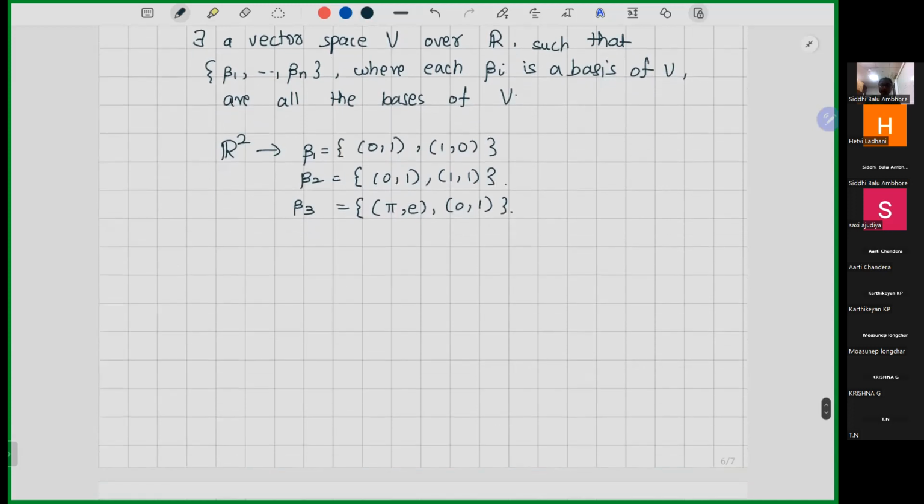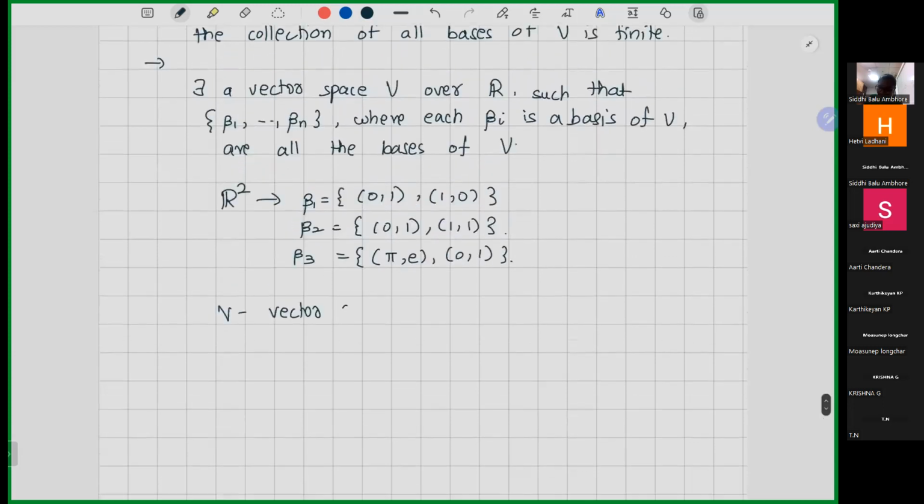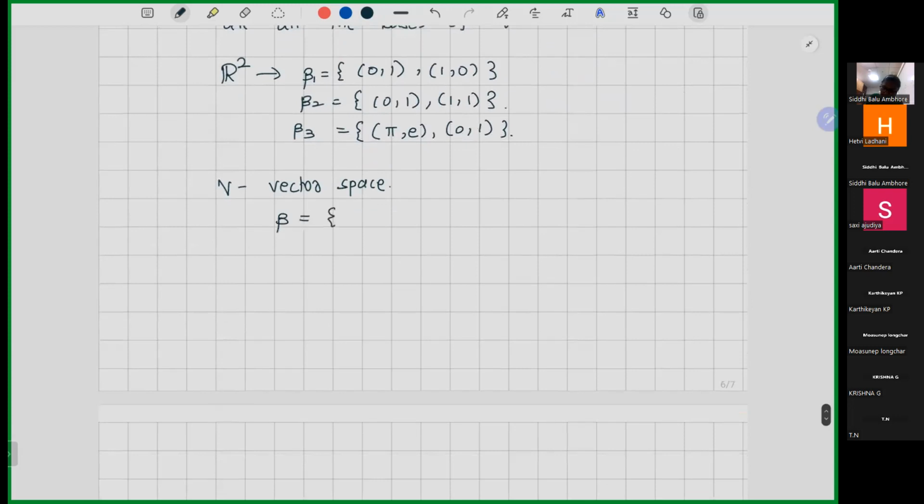And why is this so? You do not need to list out all the bases like this. Suppose V is any vector space, okay? And suppose this beta is its basis, let's say B1, B2, ..., Bn, and so on.